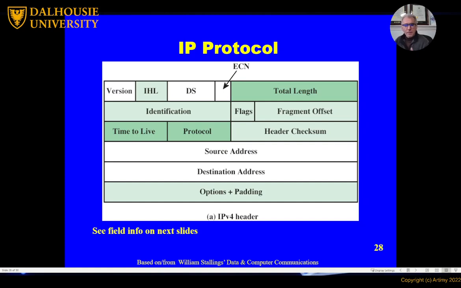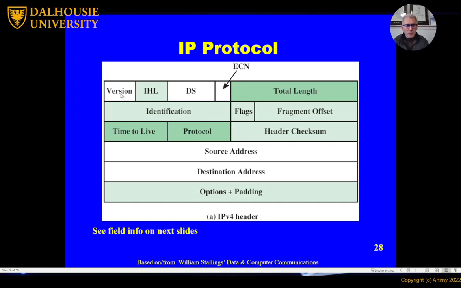The main things in the header we talked about before are the source and destination addresses. We just talked about the fragment offset, so that's where we put it here. And remember the header checksum that we talked about when we talked about error detection? That's put here.